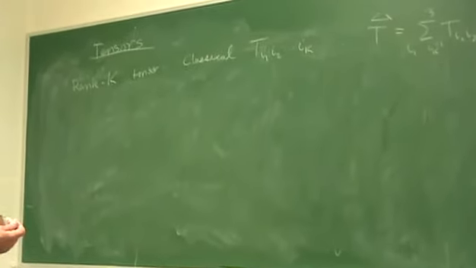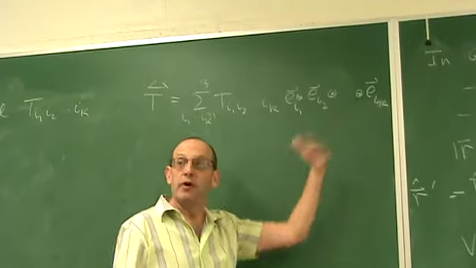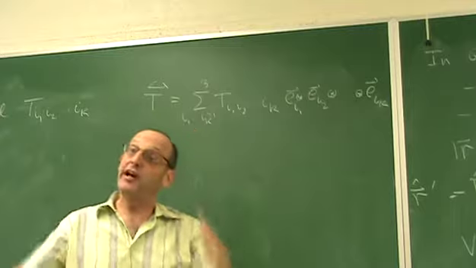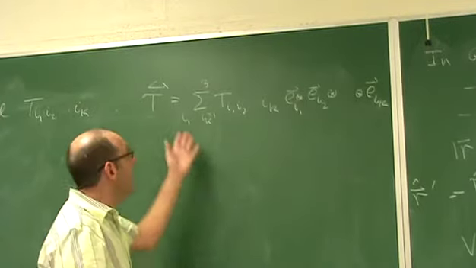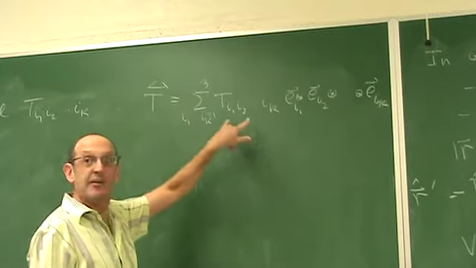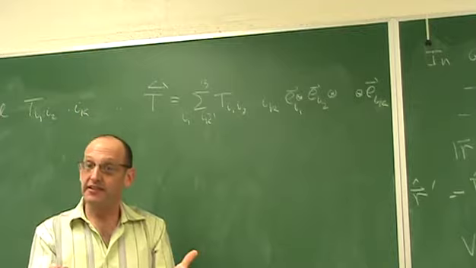So, because we know how each of the basis vectors transforms under rotation, this object is a tensor if its components transform a particular way under those rotations.